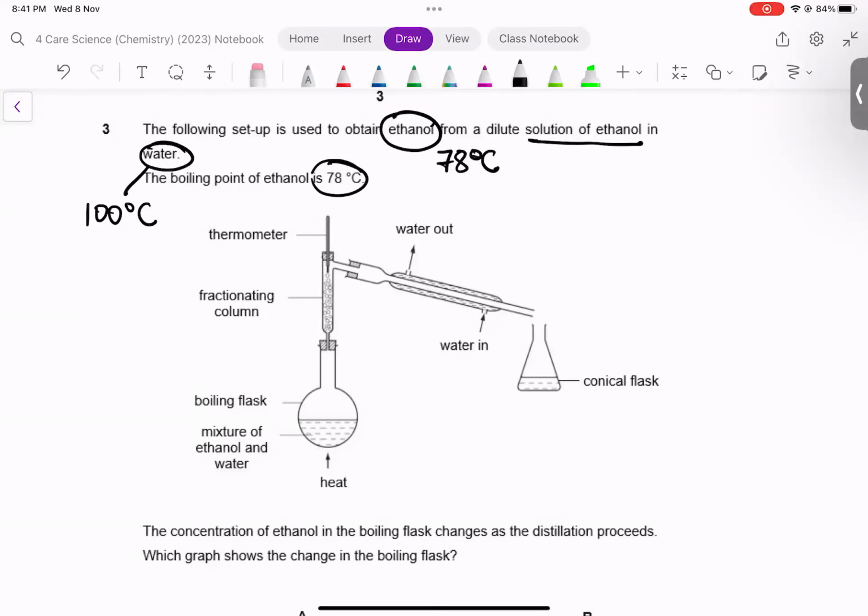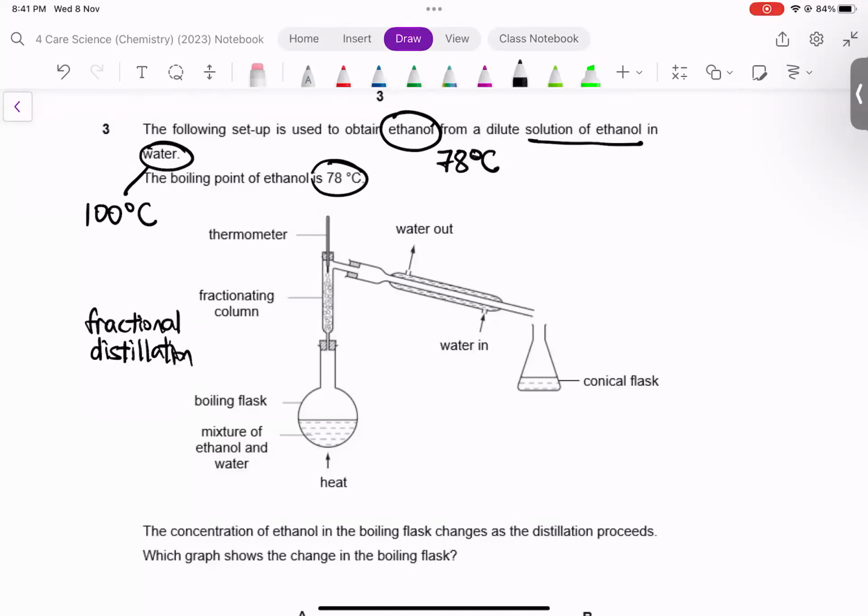Now, once you have written the boiling points down, it becomes obvious that this is fractional distillation. It's fractional distillation because both of the liquids are miscible and they have different boiling points. Because they have different boiling points, they're separated by fractional distillation.